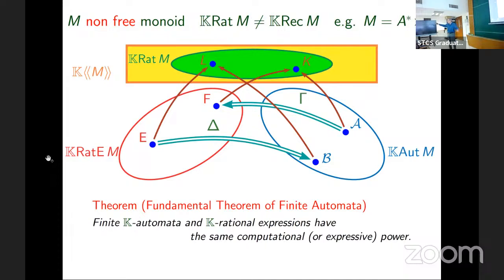So that gives a scope which is much larger. A finite automaton is a finite directed graph with labels, which has a computing power, and this is exactly the same thing as what you can describe with regular expressions.